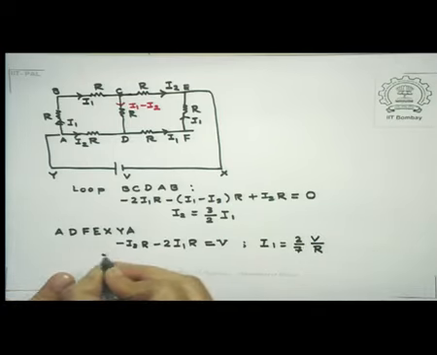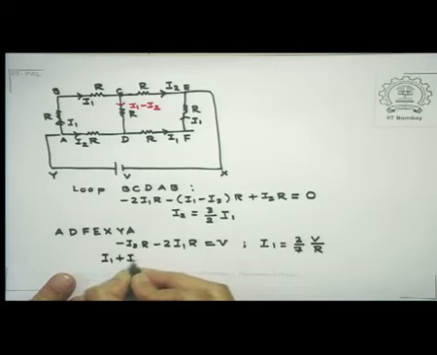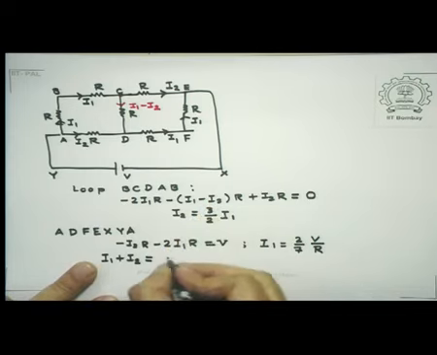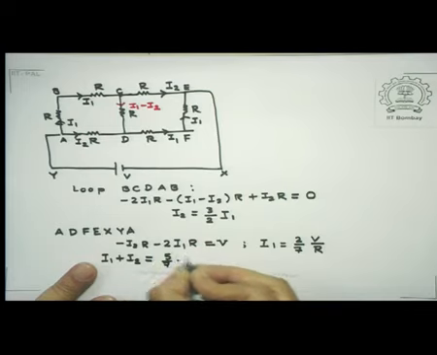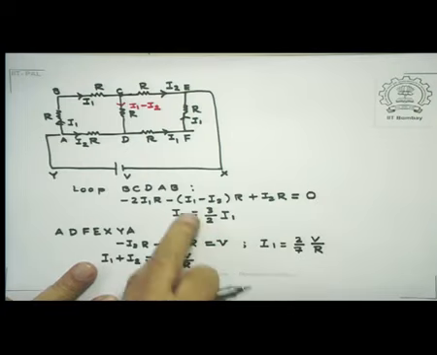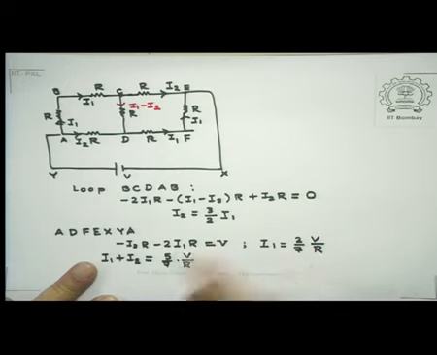So therefore I1 plus I2 is already calculated there. So that will work out to 5 by 7 V by R, because I2 is 3 by 2 and into 2 by 7.